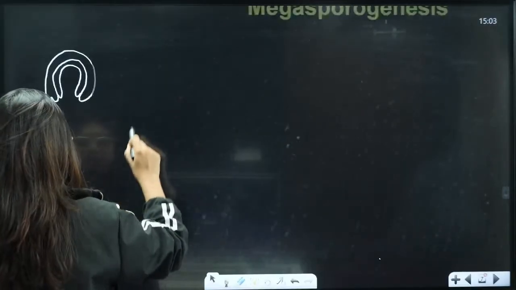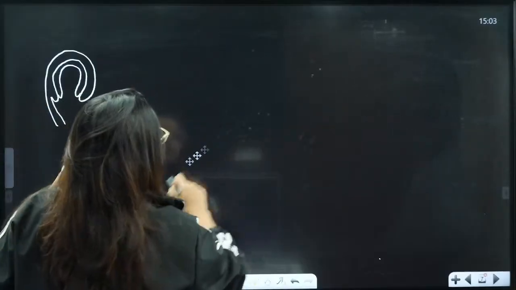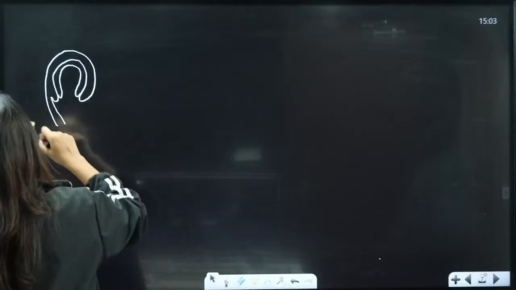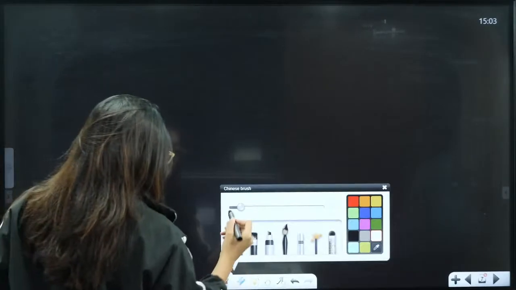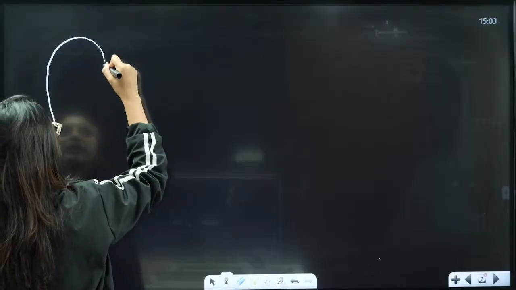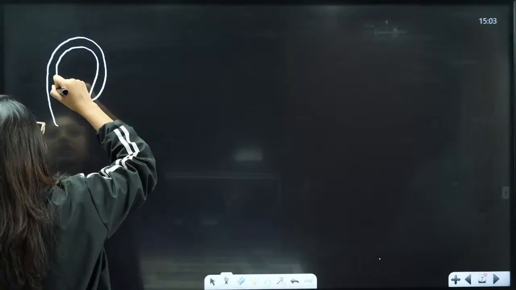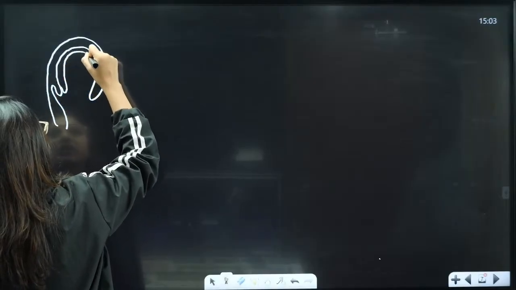One second, students. Because this diagram has to be repeated multiple times, first we will draw it properly. The pen is not working well. Ma'am is always complaining about the board and pen. True, students. If a teacher doesn't get a good studio, she'll be very irritated the whole class.